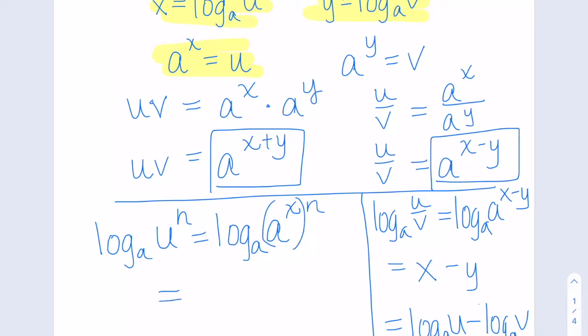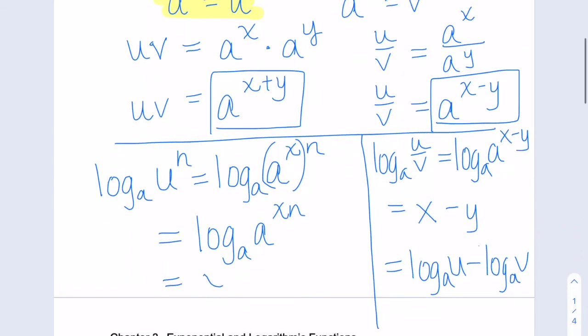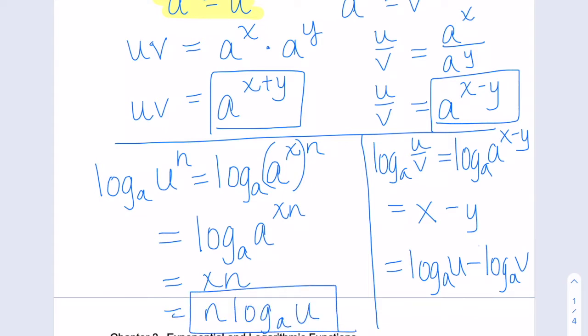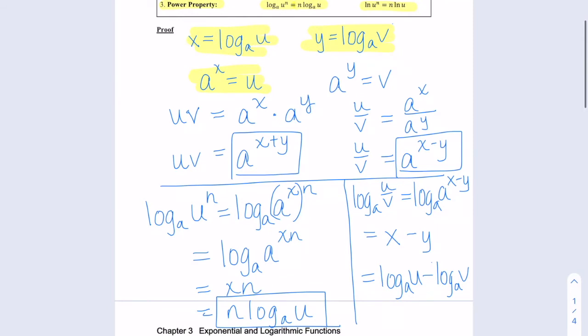So I'm going to simplify the exponents first, right? We just multiply them. But log base a of a, well, that's going to cancel each other out, and we'll be left with x times n. And remember, our x again was log base a of u. So you can see that the properties of exponents is very similar to the properties of logarithms.